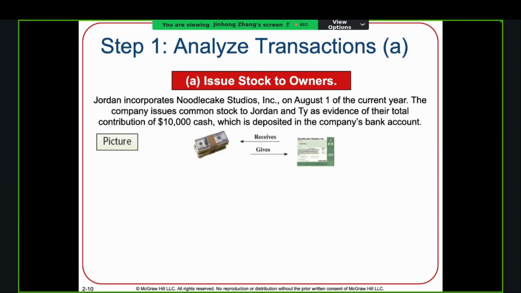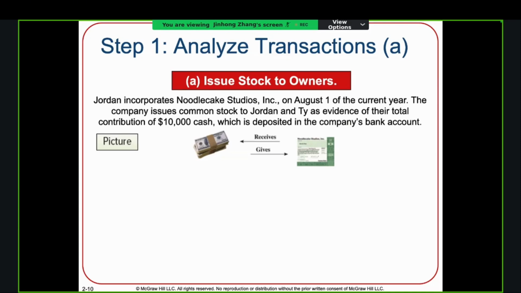So let's get some examples. Issue stock to owners. Jordan incorporates Noodle Cake Studios, Inc. on August 1st of the current year. The company issues common stock to Jordan and Ty as evidence of their total contribution of $10,000 cash, which is deposited in the company's bank account.